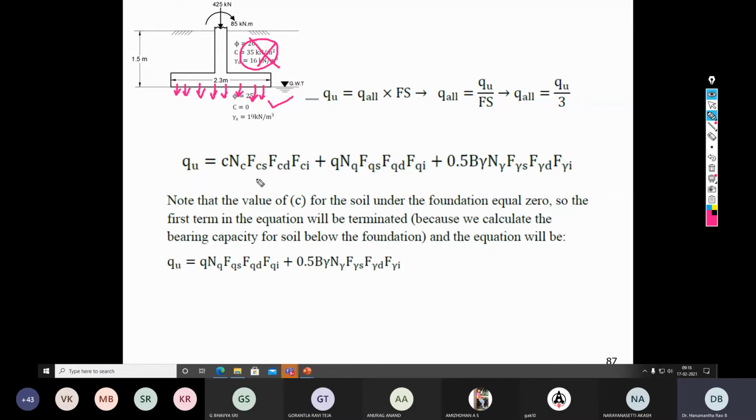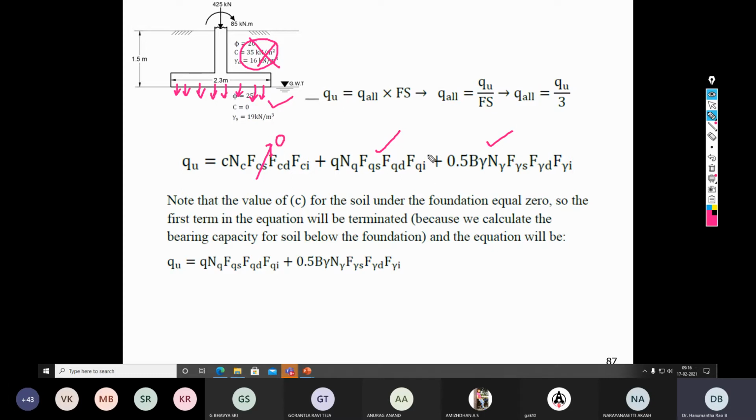So the entire first component can be taken as 0. Therefore we don't need to calculate the shape factors Fcs, Fcd or Fci. We only calculate shape factors for the overburden term as well as the self weight term.